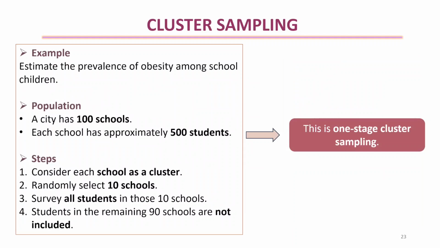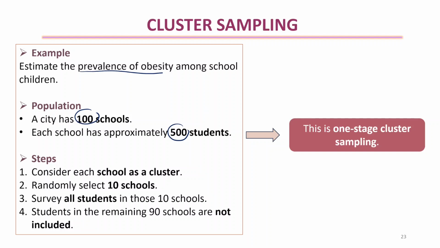Suppose a researcher wants to estimate the prevalence of obesity among school going children. Here the population is a city that has 100 schools and each school has approximately 500 students. So instead of preparing a list of 50,000 students, which will be very difficult, the researcher considers each school as a single cluster.